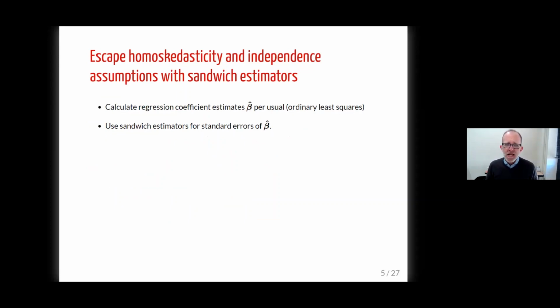So the idea here is that even if you've got violations of homoscedasticity or independence, you can still estimate a regression per normal, say using just lm that does ordinary least squares regression, and then use a sandwich estimator or cluster robust variance estimation after the fact to correct the standard errors.